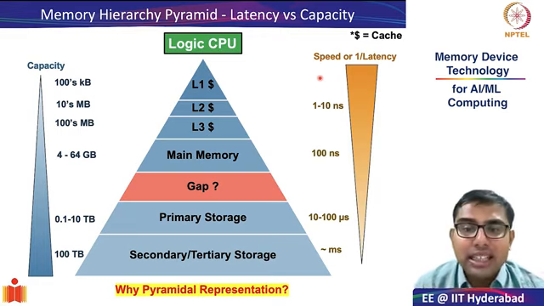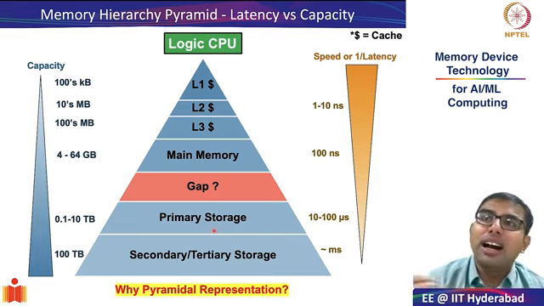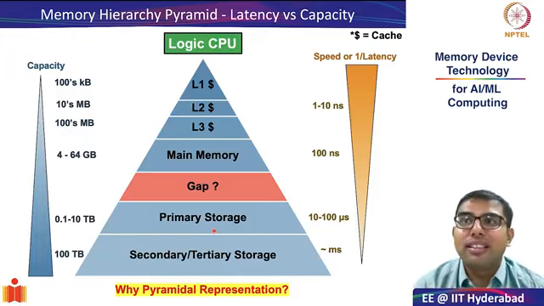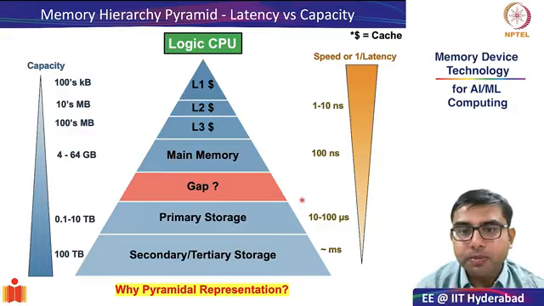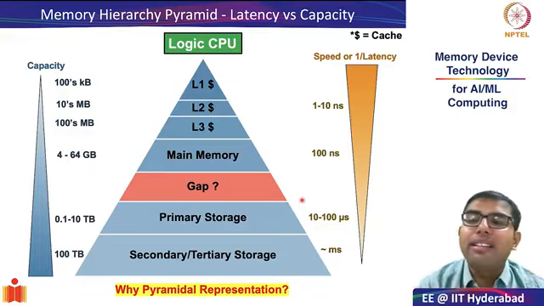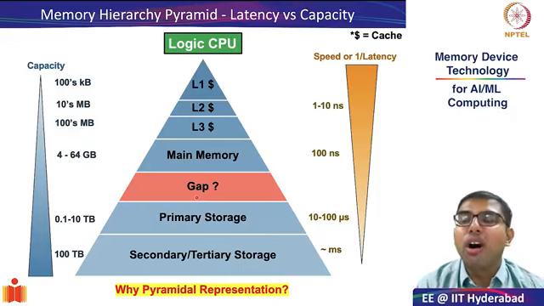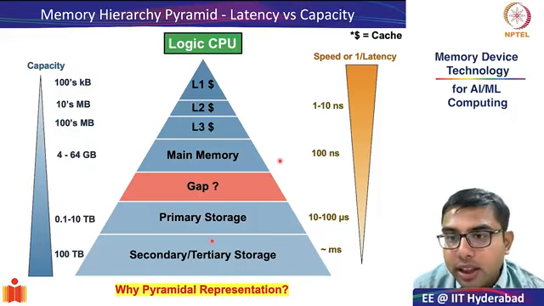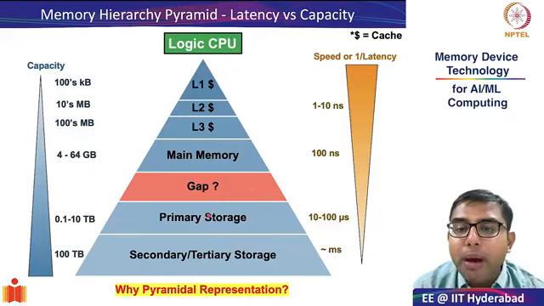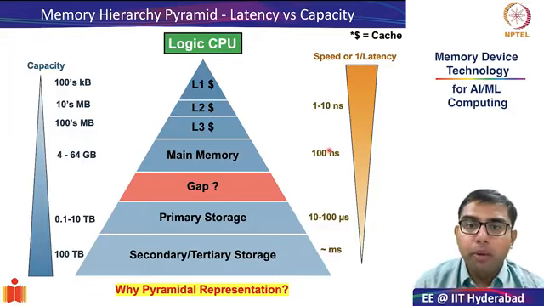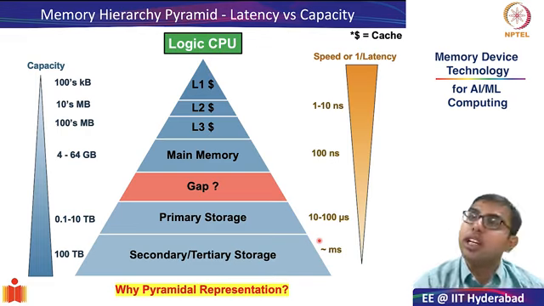And we will not discuss more about tertiary storage or secondary storage, because they are not solid state memories, they are magnetic tapes, and therefore it is very clear what this gap that I have indicated in orange color indicates. It's the huge gap between main memory and primary storage. There is probably 2 orders of magnitude gap between the access times in main memory and primary storage.